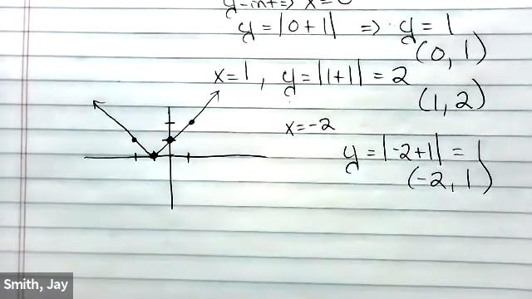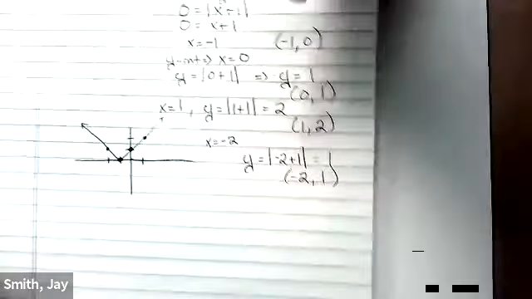Next section that we need to go over, 2.2, dealing with circles. The technique we're going to use when graphing circles or dealing with circles themselves is going to be completing the square. So real quick, we need to go over the definition of a circle.